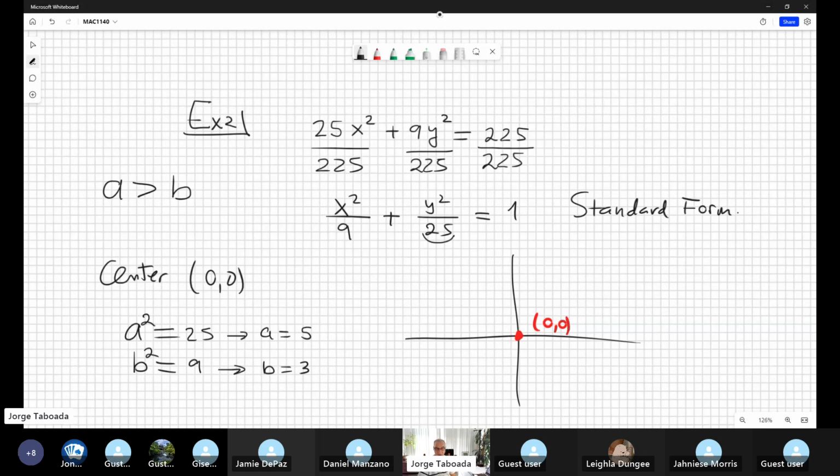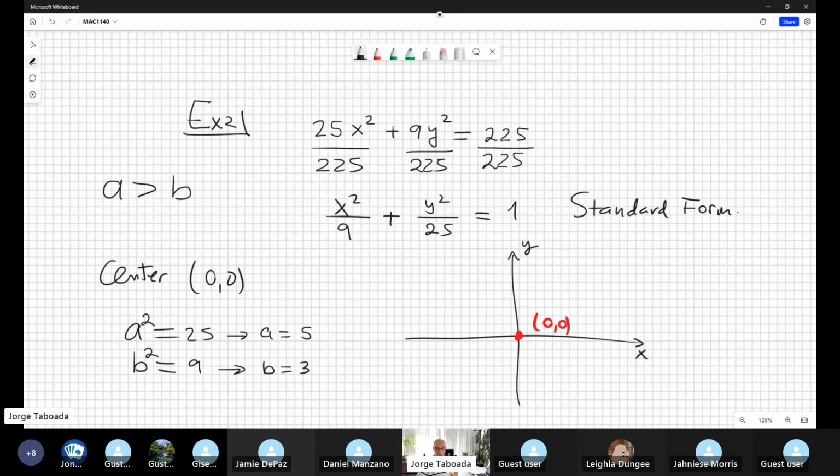Not necessarily the coefficient that belongs to the x is A. No, that's not the idea. The idea is that A is the bigger. If it's associated with the y, then my ellipse is a vertical ellipse, and the major axis is coincident with the y-axis or parallel.